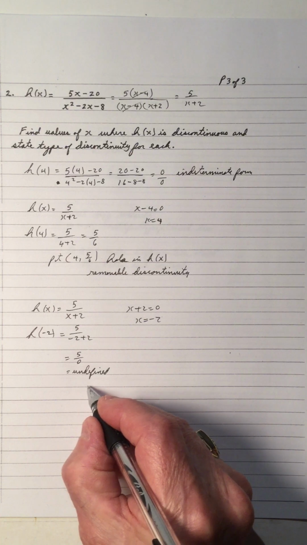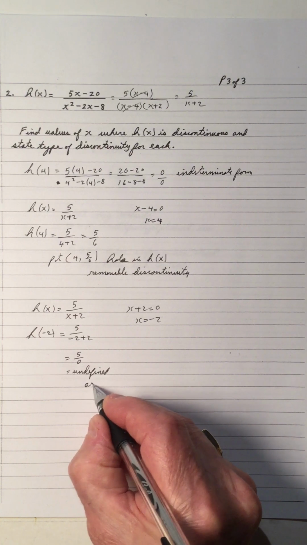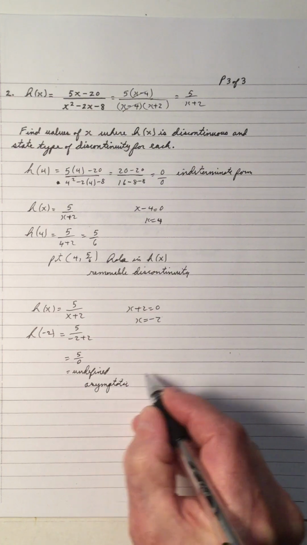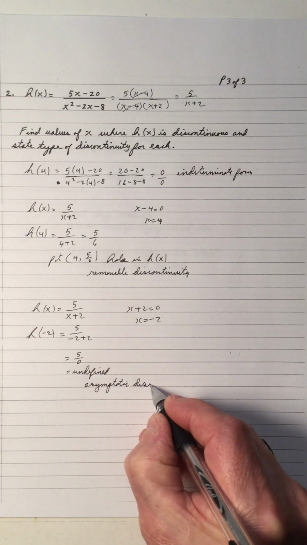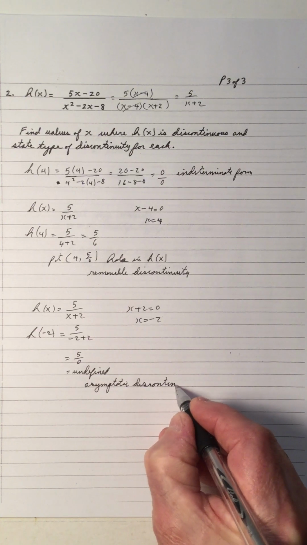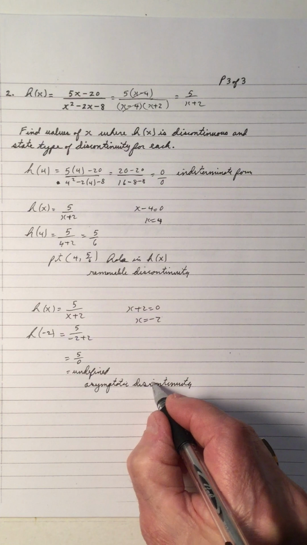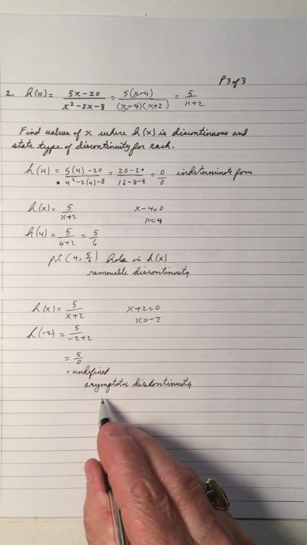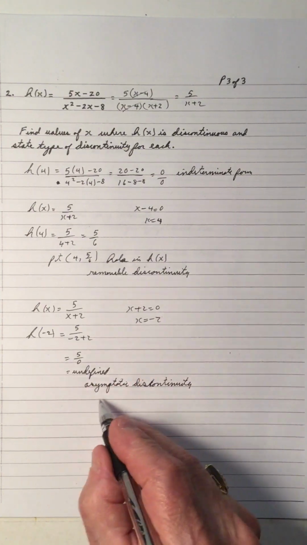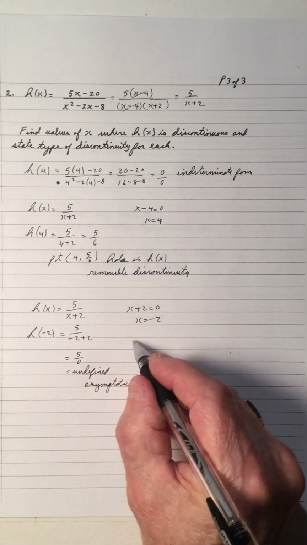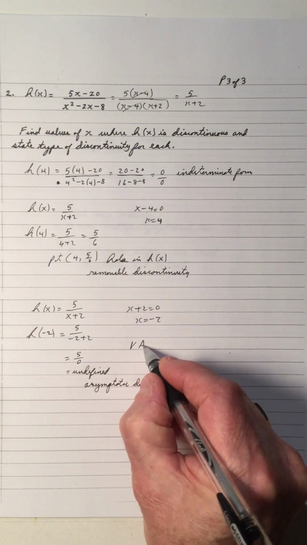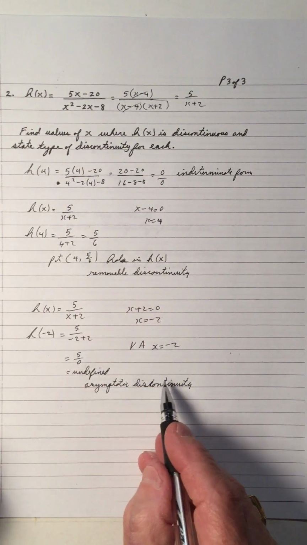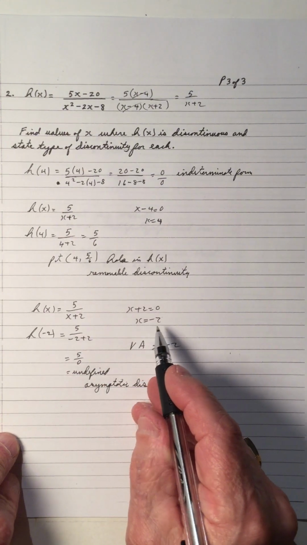That discontinuity is asymptotic, because we have a vertical asymptote at x equals negative 2.